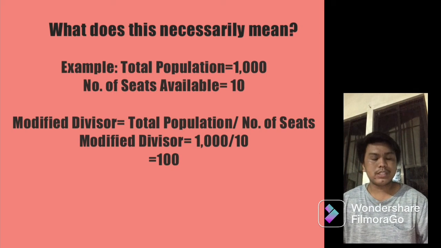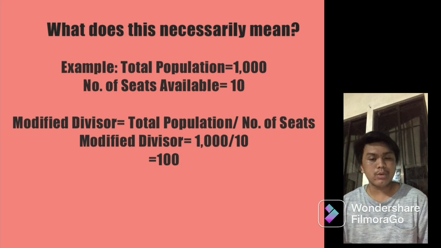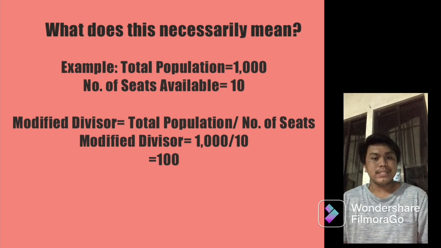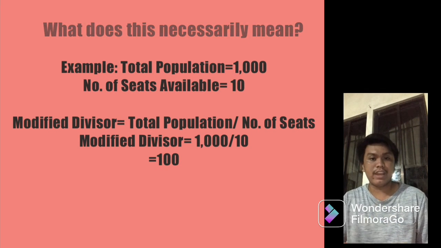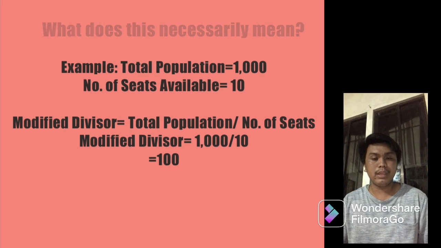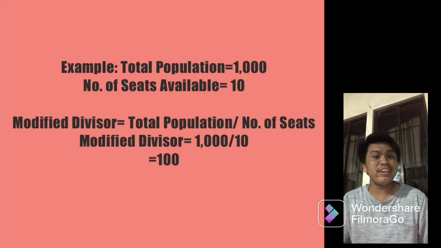So say the total population is 1,000 and the total seats available is 10. 1,000 divided by 10 is 100. So 100 now will be our divisor.